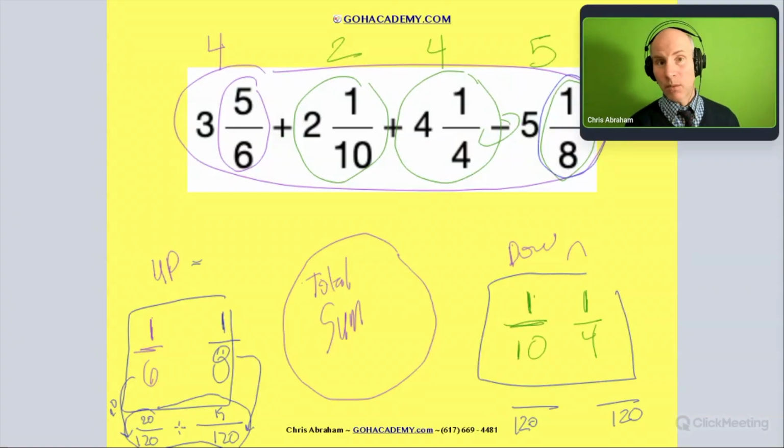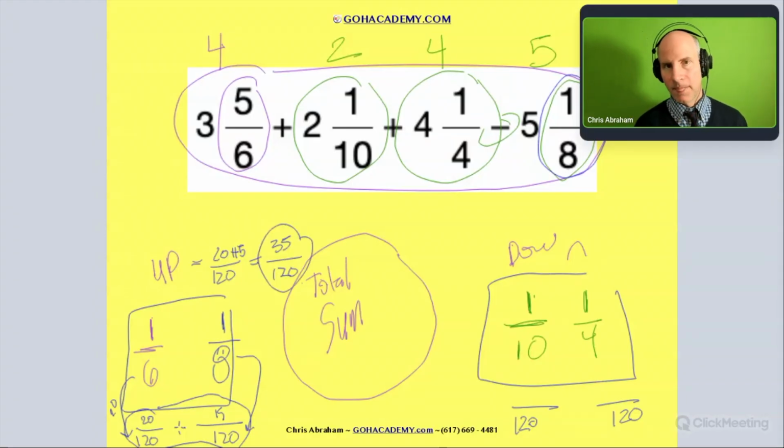We would be up by 20 plus 15 all over 120, or a total of 35/120. Just hold on to that for a moment. That's the amount that our estimate is over the original total sum, right?